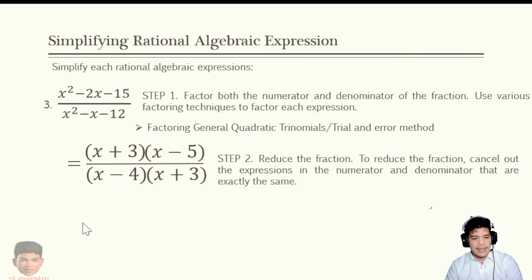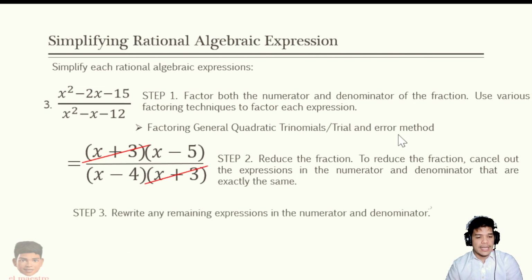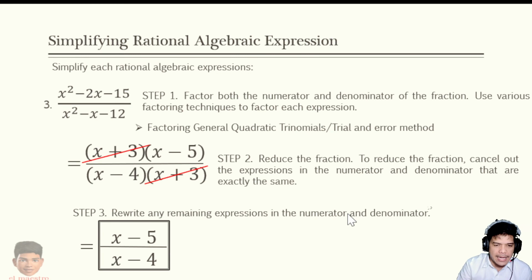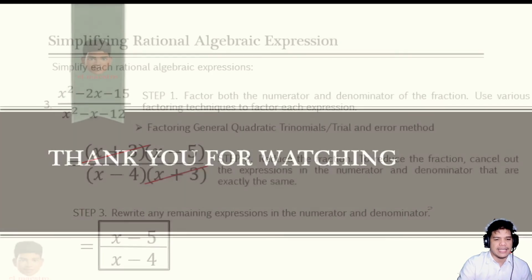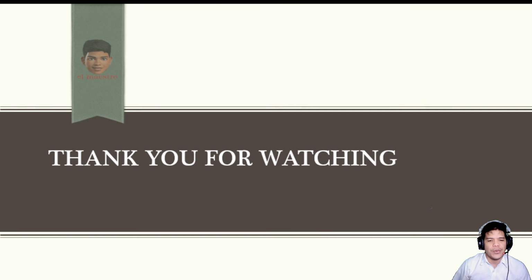So eliminate natin 'yan. Okay? So meron pa ba? So wala na. So rewrite natin ngayon, ang natira dito is x minus 5 and natira sa baba is x minus 4. So this is the simplified algebraic expression. So ganun lang kasimple, class. Okay? So that's how you simplify algebraic expressions.